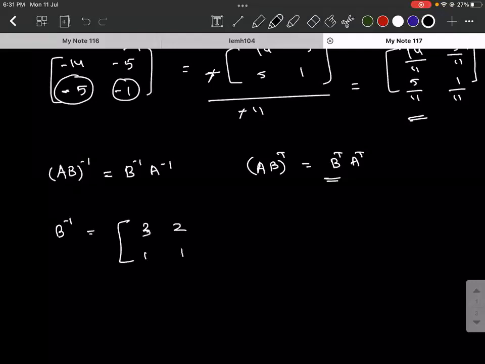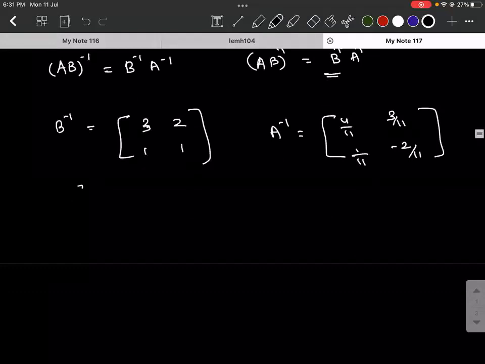So what is B inverse? 3, 2, 1, 1. What is A inverse? So B inverse into A inverse now, I'll have 12 by 11 plus 1 by 11.